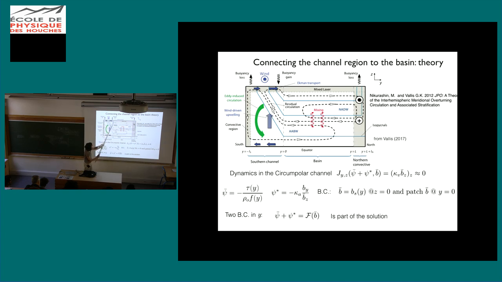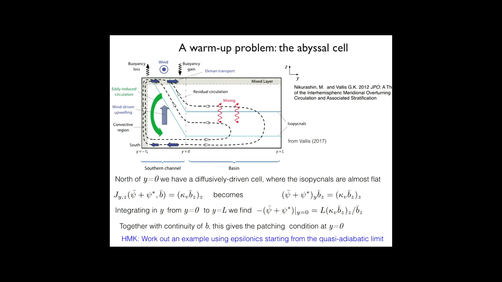And the other boundary condition is that you have to patch at y equal to 0 with the solution on the other side in the basin. So now we're not going to assume that the residual circulation is 0, but we take the general solution of this equation, Jacobian of psi and b equals 0. It means that psi is a function of b, and that functional relationship is determined by patching with the solution in the basin.